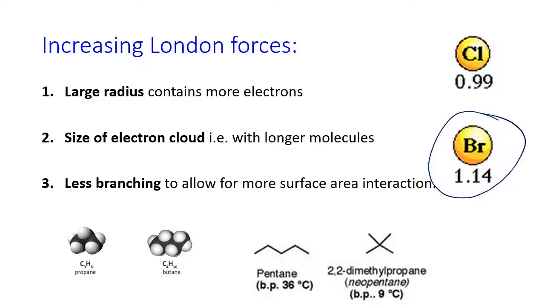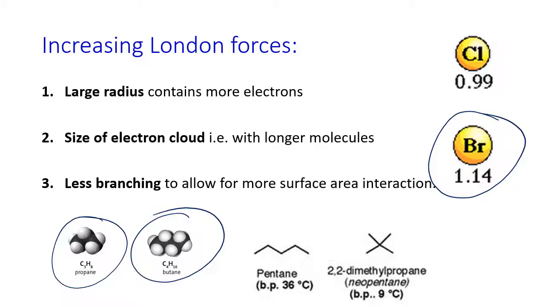Okay, so for example, with larger molecules, if we compare the boiling point of propane to the boiling point of butane, we should see that butane's boiling point is higher because there are more interactions between the molecules. And because there's more interactions, there's more London dispersion forces. And finally, less branching should allow more surface area interaction.